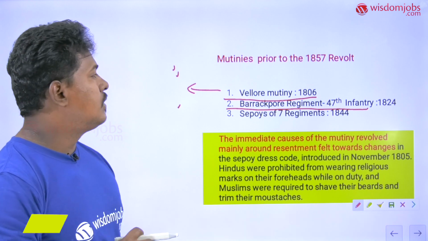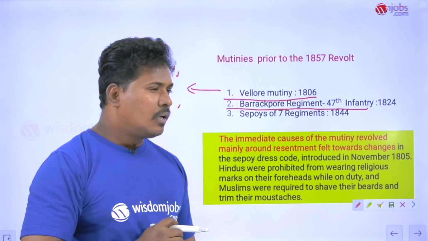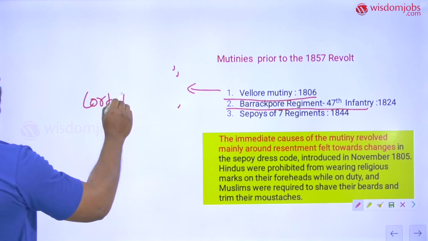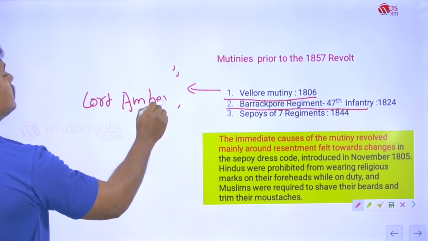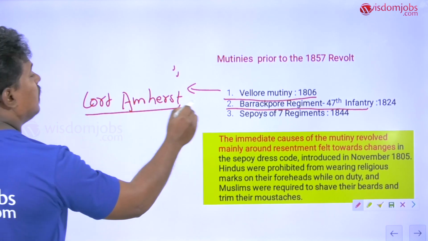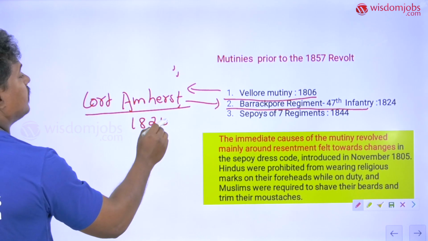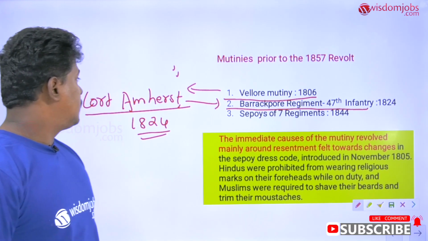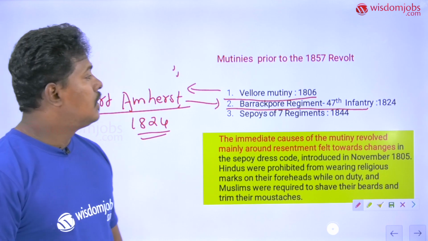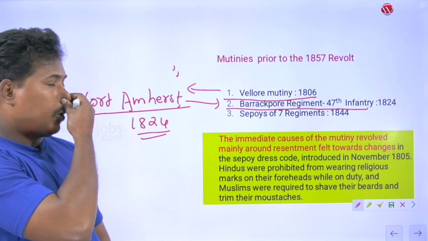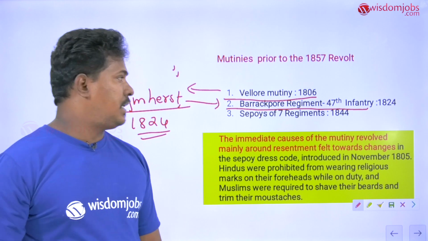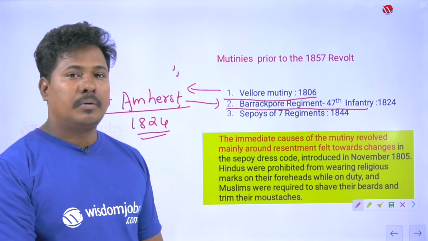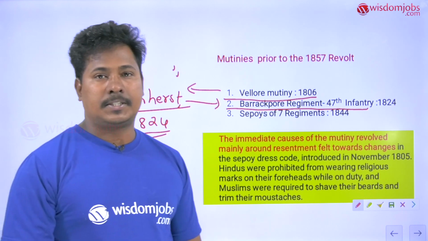At that time the Governor General was Lord Amherst. So during the time of Governor General Lord Amherst, the Barakpur Regiment 47th Infantry fought against the British soldiers.